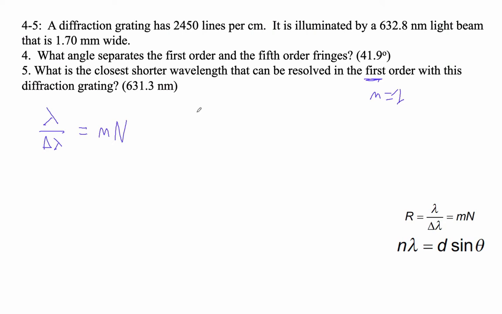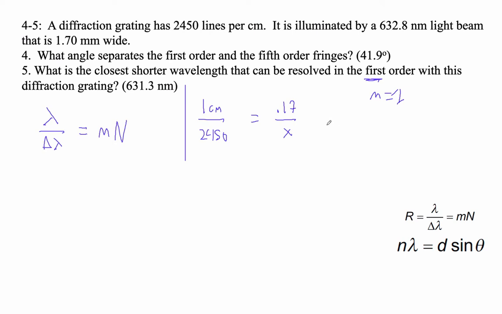There are two ways to do that. One way is to just use direct proportions. There's 2,450 lines per centimeter, but the beam is only 1.7 millimeters wide. So we know that 1 centimeter is 2,450, so 0.17 centimeters is how many?